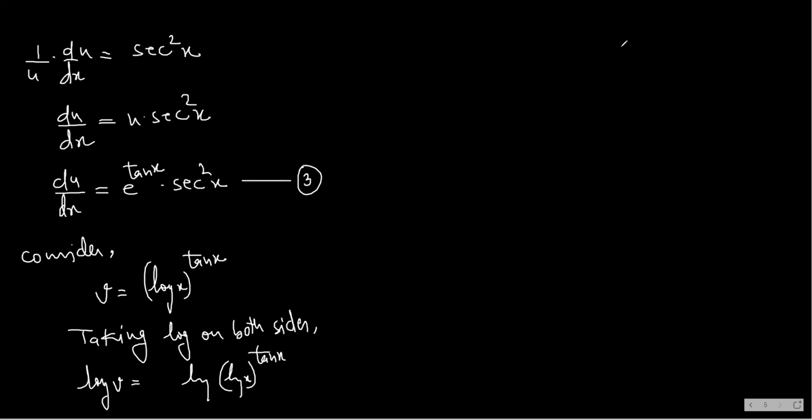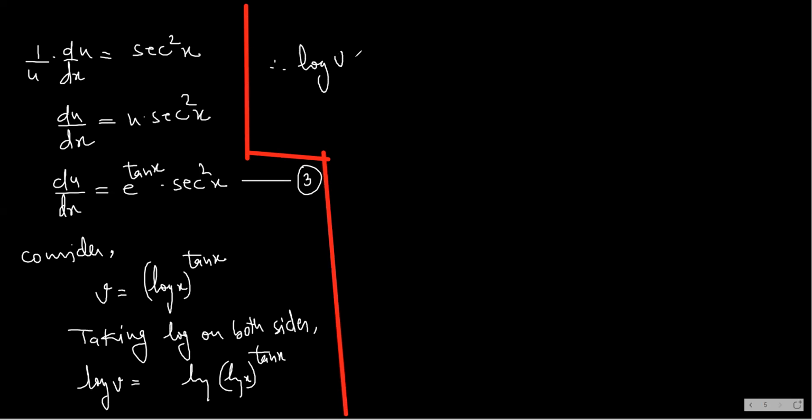Therefore log of v equals tan of x into log of log x. This tan x becomes the coefficient. What's the next step? Now I write differentiating with respect to x.